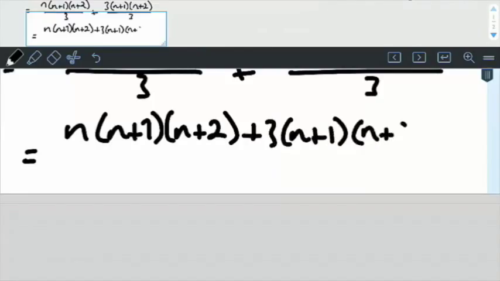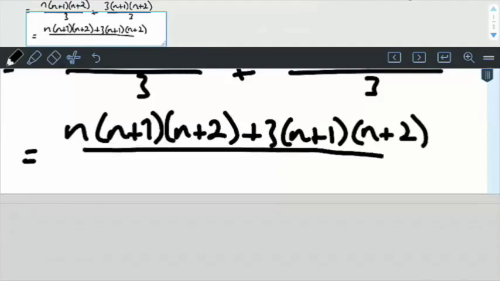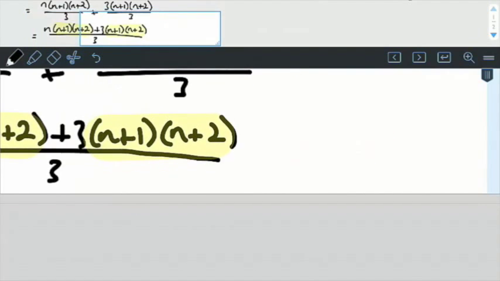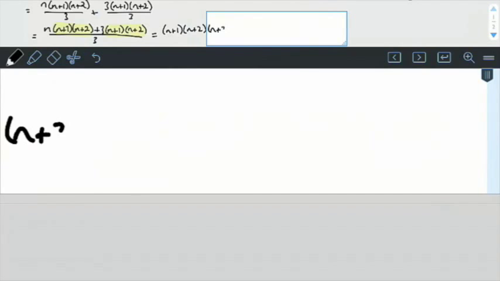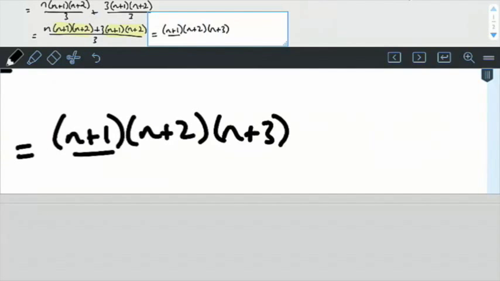Alright, now you may notice already that we have, again, common terms that we can factor out. So this gives us n plus 1 times n plus 2 times n plus 3 divided by 3.